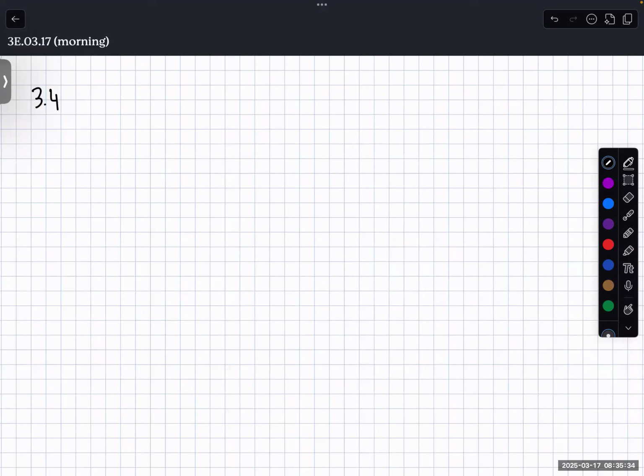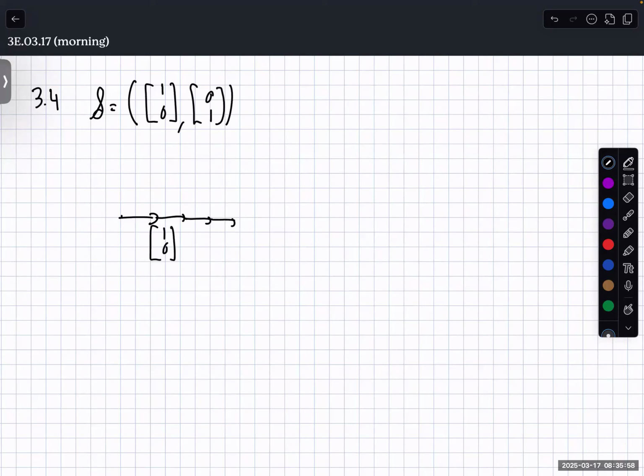Okay, we're going to finish up 3.4. Remember the idea here was we could use a basis to represent a coordinate system. So we know our 1, 0 vector looks like this. If we do a bunch of copies of that, that can make up an x-axis.